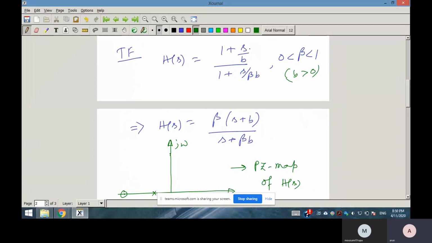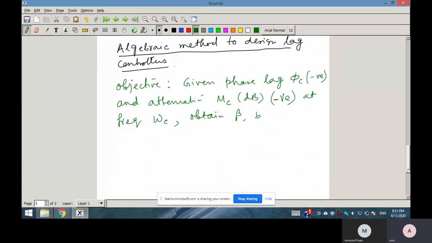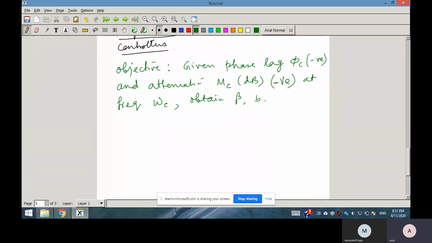Whatever controllers we normally design, the controller will be minimum phase and stable. That is always expected for a practical system. Unstable controllers are not allowed in practice, as well as non-minimum phase. So this is beta and b.